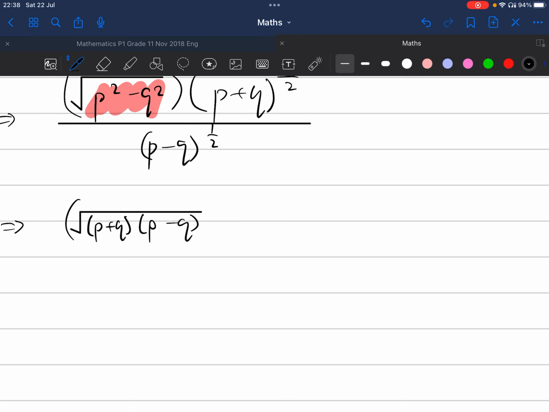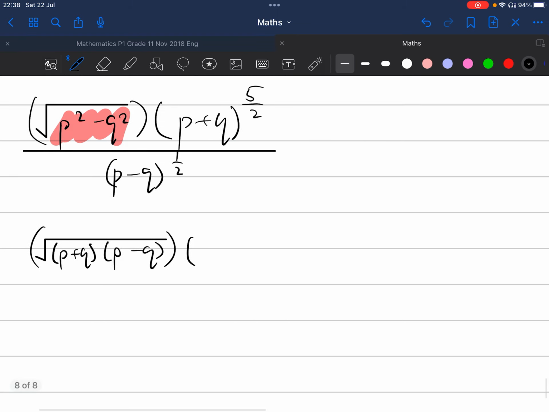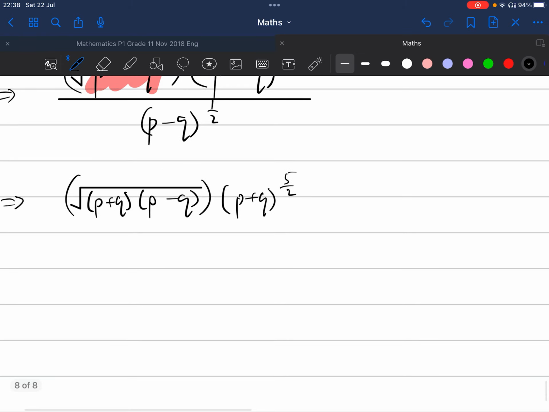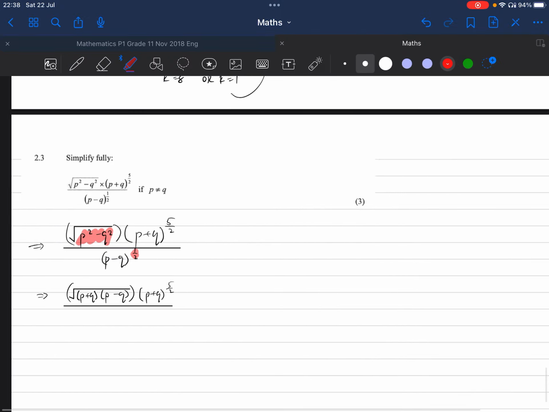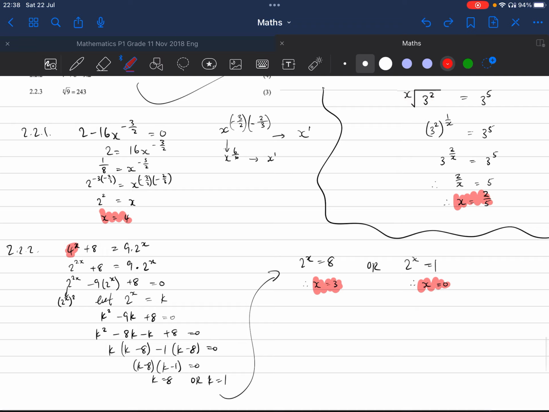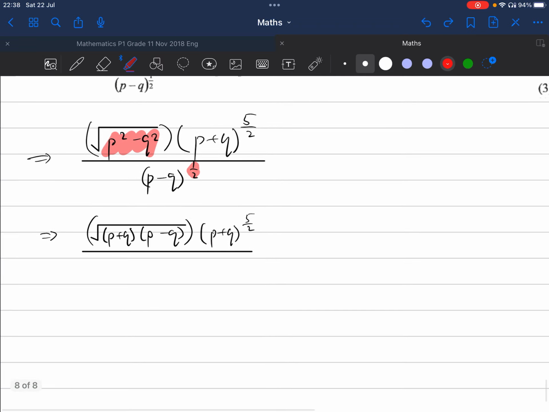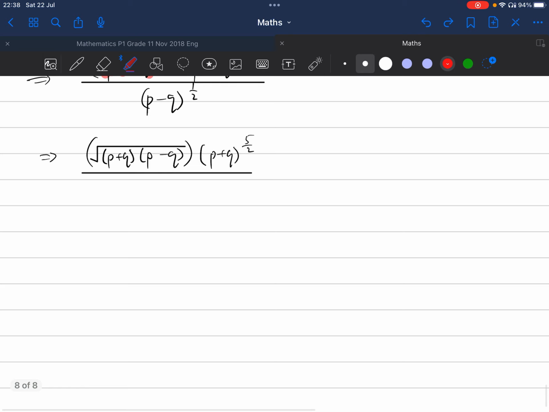And then this whole thing multiplies by (p plus q) to the power 5 over 2. And then the bottom one, the power of a half, remember I was explaining on top here, that's the same as the root of that. So this is the same as saying the root of p minus q.